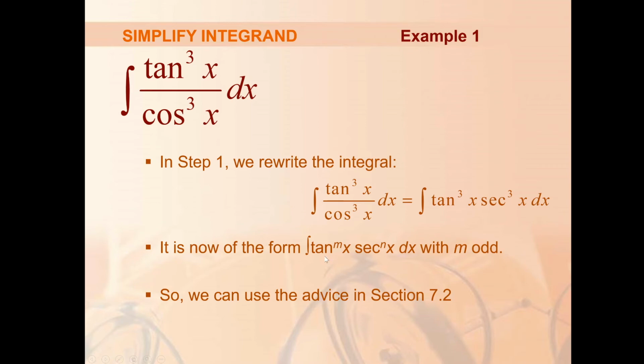This is just like the trig substitution we talked about in 7.2. It's now of the form of the integral of tangent of x to a higher power, secant of x to a higher power. So we use the advice in section 7.2.